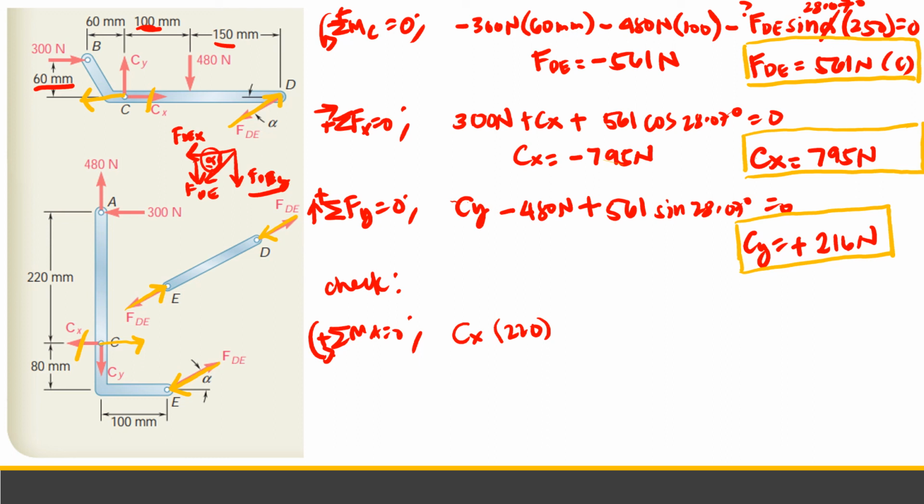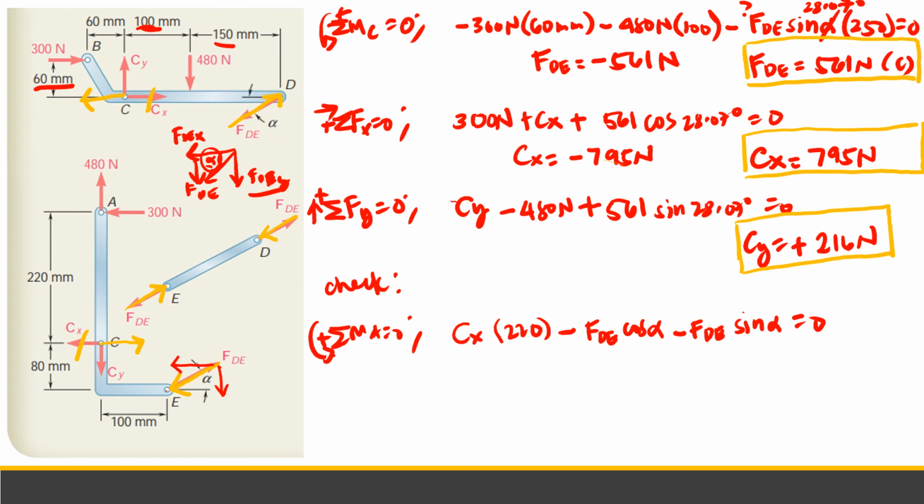So, yung components niya is for the Y component and the X component. The X component niya is mag-create ng clockwise rotation. So, FDE cosine alpha and then yung Y component niya is mag-create ng clockwise rotation din. So, minus FDE sine alpha equals 0.